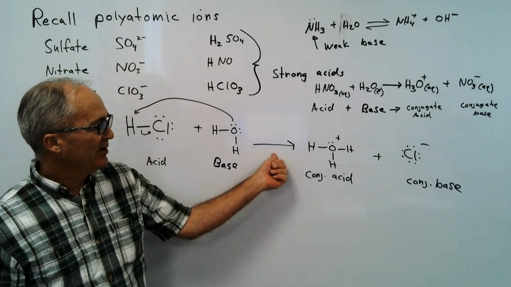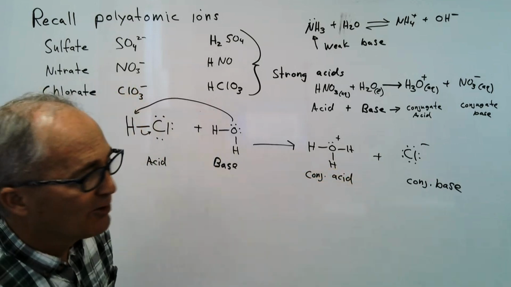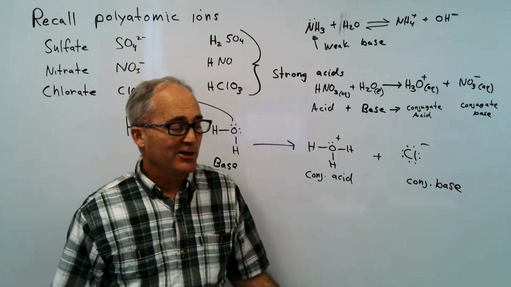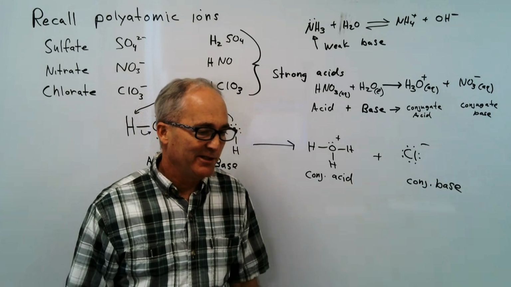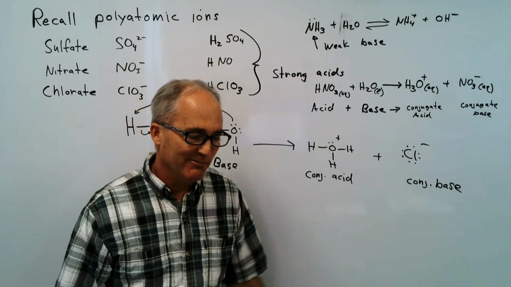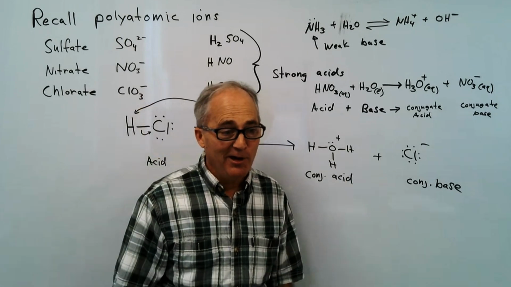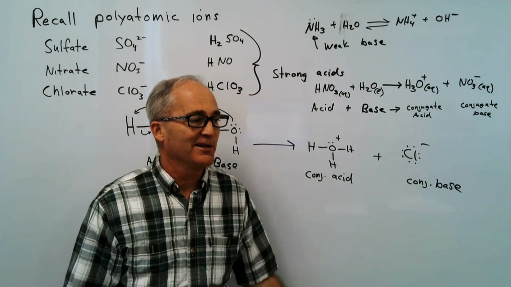No equilibrium arrow here, because it completely goes to this side. So while you're packing up, I like to ask the students, how do you know if you have a weak acid? And you might say, well, it doesn't completely dissociate. And I'm like, all right, well, out of a list with no numbers. The way to know if you have a weak acid is to know that it's not a strong acid.